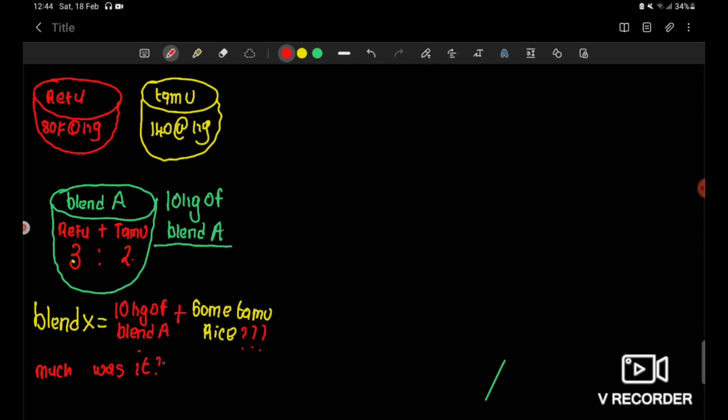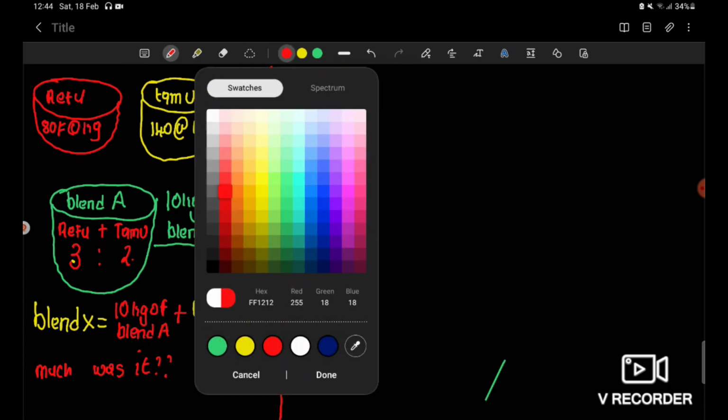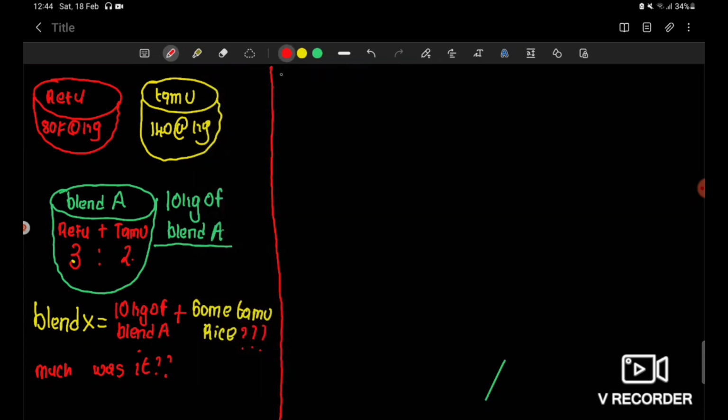So we have just interpreted the question. Now let us answer the question. How do you get the amount of tamu rice that was added to the 10 kg of blend A to create blend X? This is very simple. The first thing you will do is get the amount of kg of refu in the 10 kgs of blend A bought.